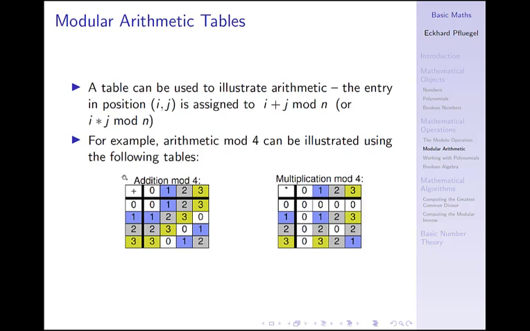And then there are other interesting things for the multiplication. So for example, look here. Apparently, if you take 3 times 3 mod 4, the output is 1. That is fairly unusual because for the multiplication, normally we would not expect 2 integers to be multiplied to turn into 1. Normally you need fractions for that.